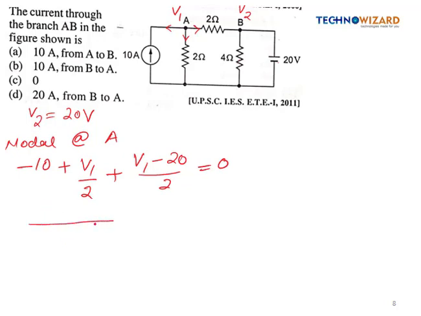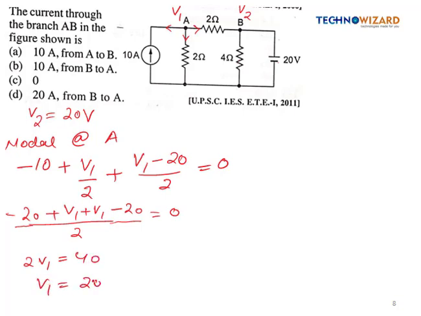So taking the LCM, it will be minus 20 plus V1 plus V1 minus 20 is equal to 0. So 2V1 is equal to 40, so V1 value is also coming as 20 volt. It means here V1 is equal to V2 is equal to 20 volt.